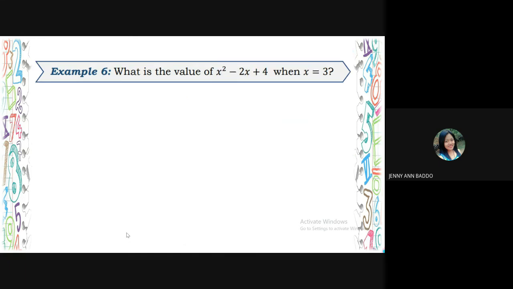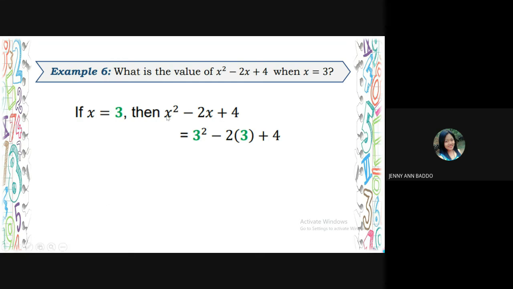Another example. What is the value of x squared minus 2x plus 4 when x equals 3? So by substitution, we now have 3 squared minus 2 times 3 plus 4.